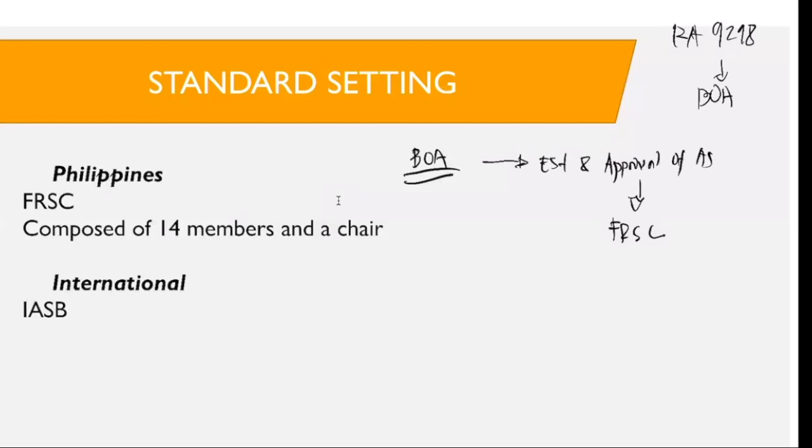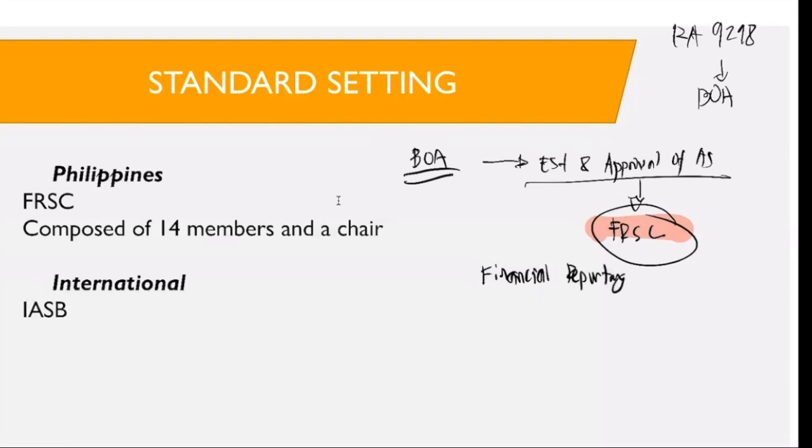And for this establishment and approval of accounting standards, it needs a committee. And what is that committee or council created? It is known as your FRSC. So FRSC stands for Financial Reporting and Standards Council. Okay? Financial Reporting and Standards Council.